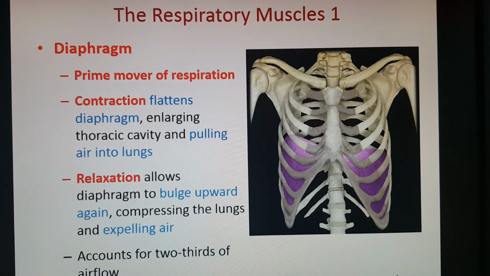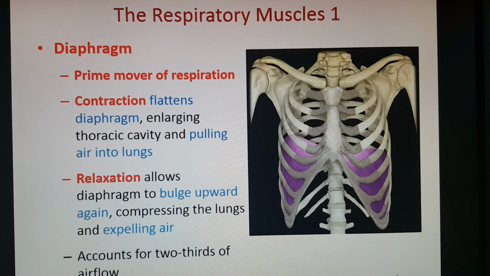Your diaphragm is the prime mover of respiration. So it's your primary respiratory muscle to help adjust the volume in your lungs. When your diaphragm, the muscle highlighted in purple, contracts, it flattens.